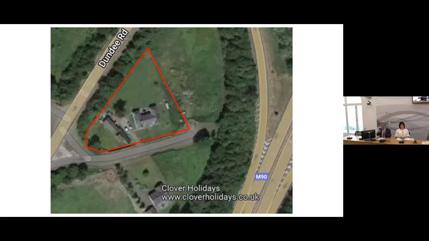I would suggest that while I'm giving my presentation, you look at the picture of the proposed house, which is on page 322 of your papers, which gives a very good indication of the proposal.